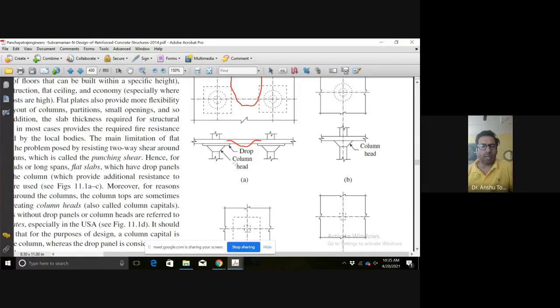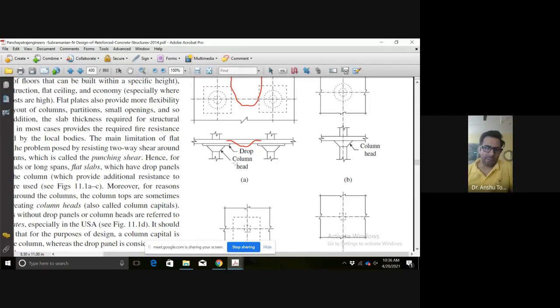Whereas in regular RCC frame structures, the load is transferred through moment only. There is no dominance of shear in RCC frame structures. We check the reinforced cement concrete systems for Tau C max, whether the beam is safe in shear or not, and we design the shear reinforcement for whatever shear force is coming.